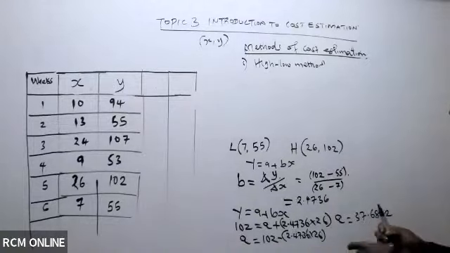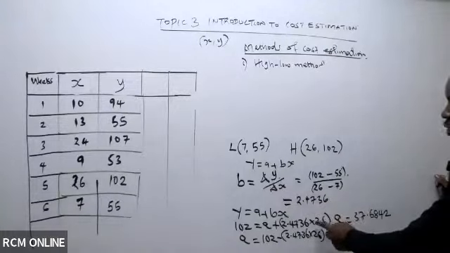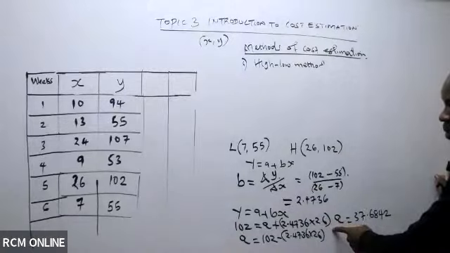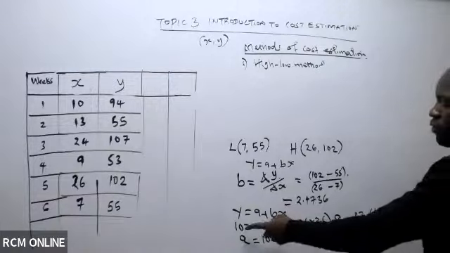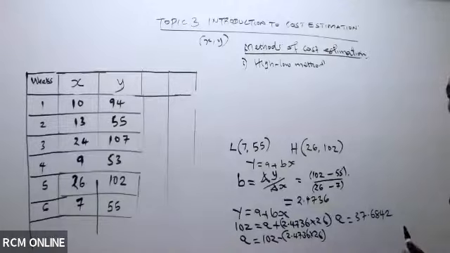I want us to maintain this. Can we have 2.4736 multiplied by 26, then deducted from 102? What are you getting? 6838.